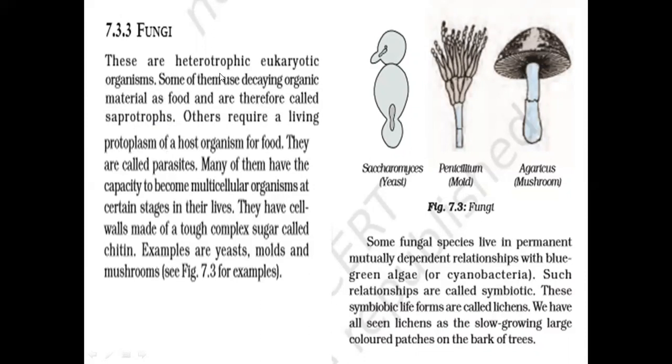When they live on dead and decaying matter, they are called saprophytes, and when they live on other organisms for food, they are called parasites. A point to be noted is that none of the fungi prepare their own food because they are heterotrophic in nature. Many of them have the capacity to become multicellular organisms at certain stages in their lives.